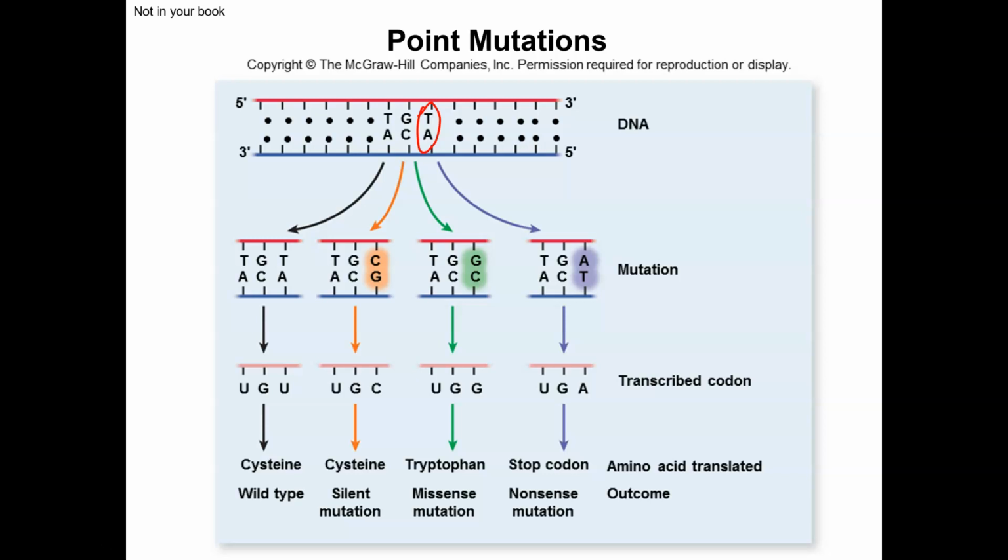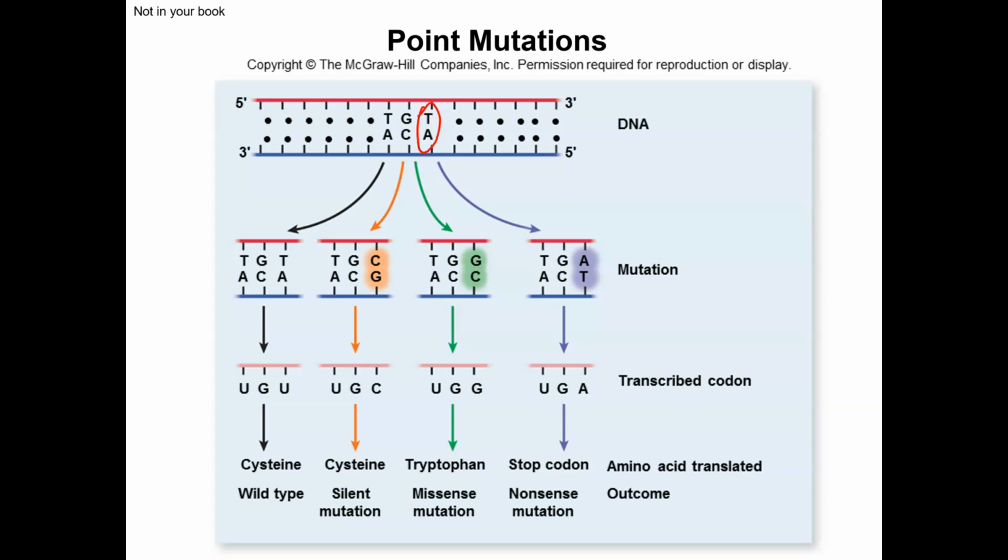So, say we change the TA pair to CG. That becomes UGC, and that still encodes for cysteine. So, silent. No major changes. Now, let's say we switch TA to GC. That's UGG, that's tryptophan. Missense, right? We change the amino acid, and honestly, that would probably affect the protein.